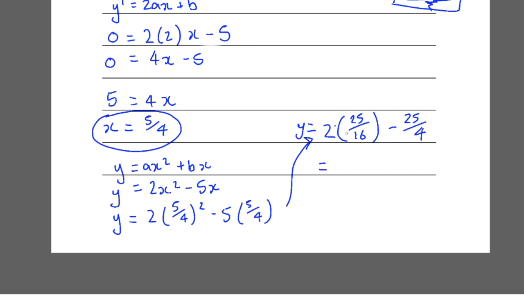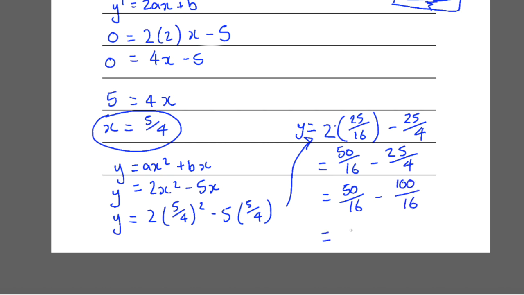So that would give us, the 2 gets multiplied, so it's 50 on 16 minus 25 on 4. Simplifying that, we can make common denominators. I need to multiply the bottom by 4, so it's 50 on 16 minus 100 on 16.